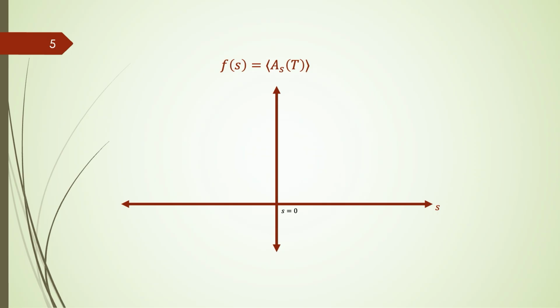And we plot this with respect to the parameter S. For the sake of illustration, imagine that the functional form looks something like this. I've just drawn this picture, not implying any particular behavior. But the horizontal dashed line is the value we're interested in. It's the exact time-evolved expectation value.